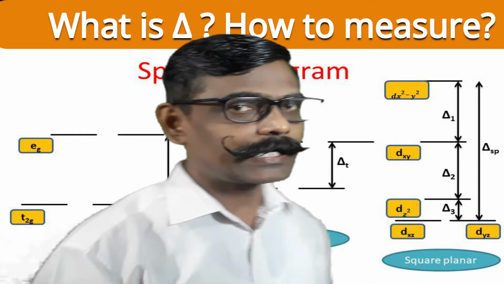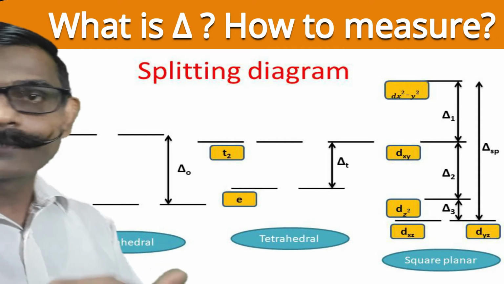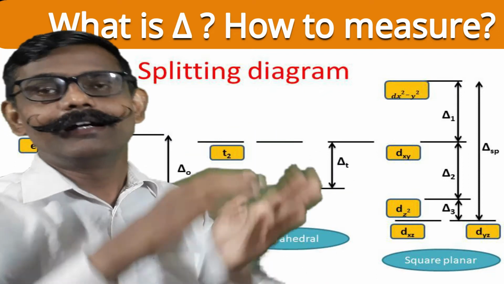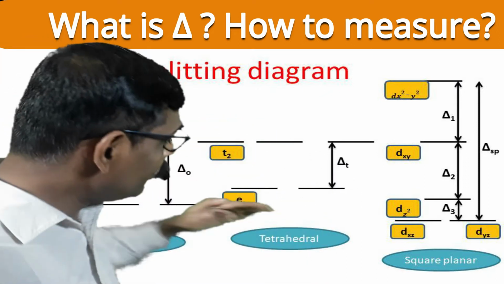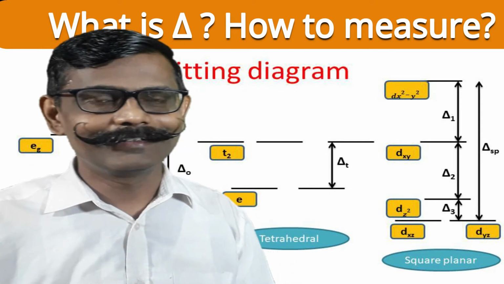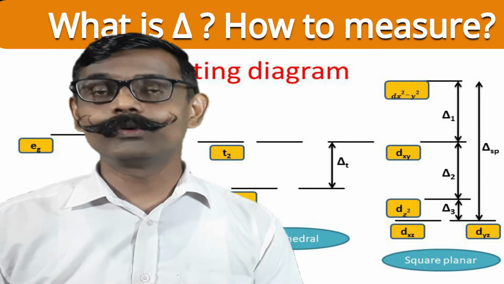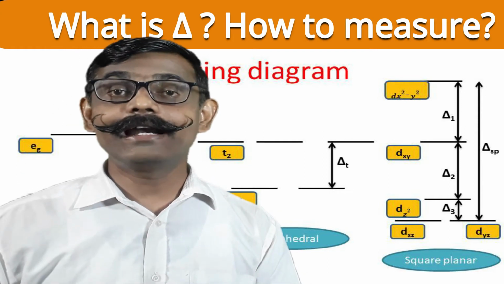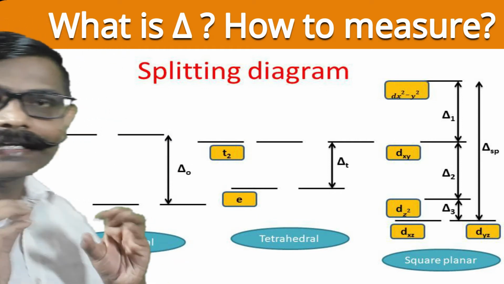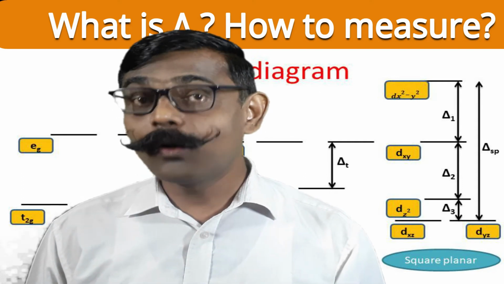If we consider the second geometry, tetrahedral, there the splitting is reversed, means the gap between the lowest orbital, that's e, not eg, and the highest split orbital t2 is nothing but delta T, and you can recognize that delta T is smaller than delta O.